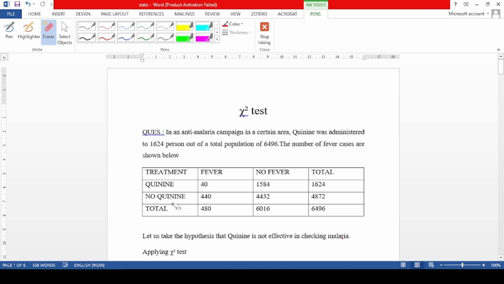And 4,432 people did not develop fever. And these are the totals. I would say that these are the rows and these are the columns, for developing understanding.